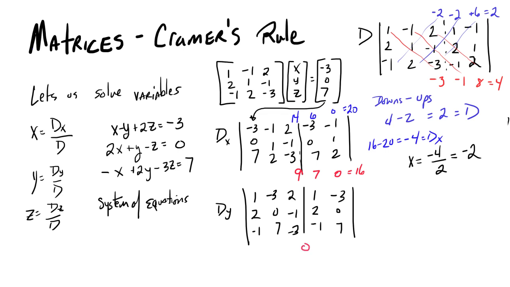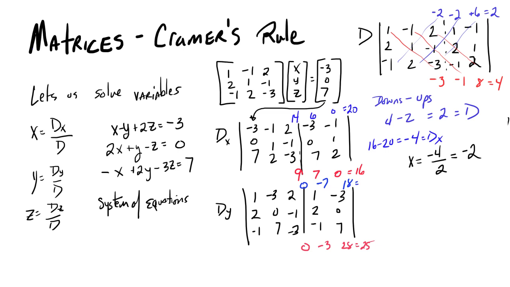0, -3. 2, 2, 7 is 4, 7 is 28. Clean that up. We get 25 for the downs. Ups. 0. 7, -1, that's -7. 9, +2, and that's 18.